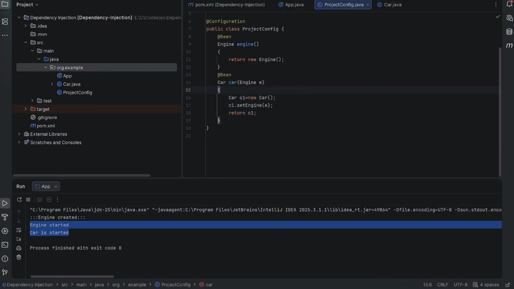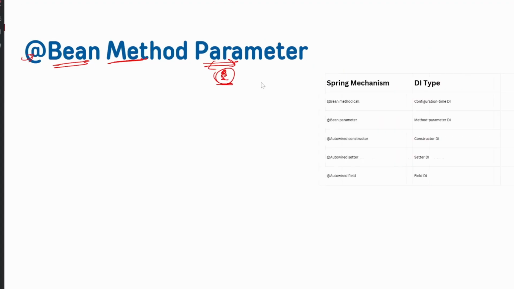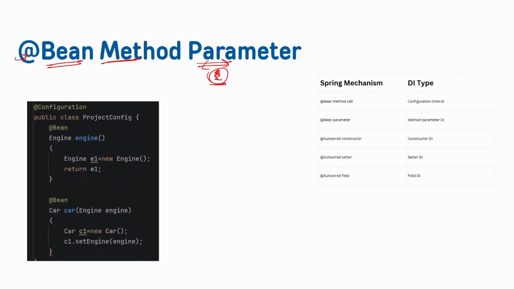Now you will be wondering from where this dependency is injected into this E. Where does the dependency E come from? So let's see. Here we are passing the dependency using the method parameter.